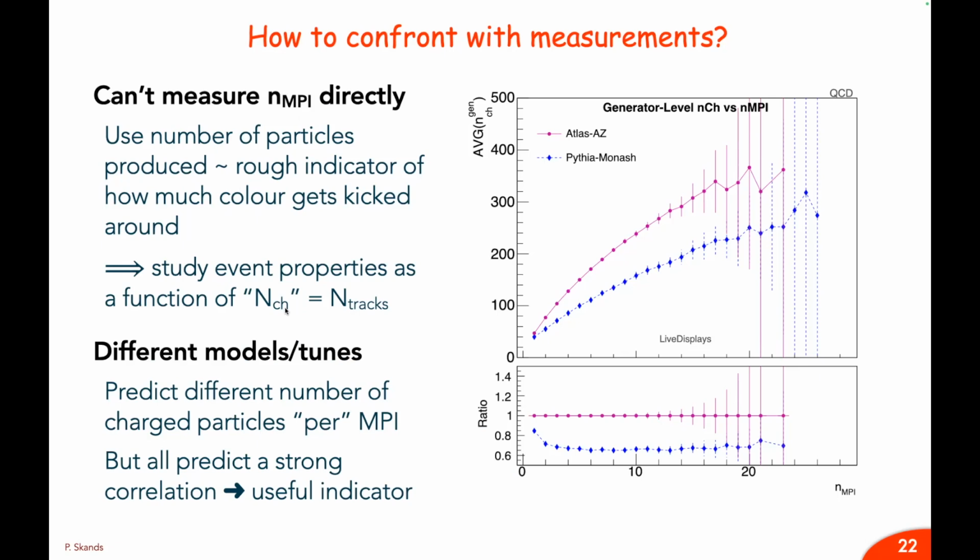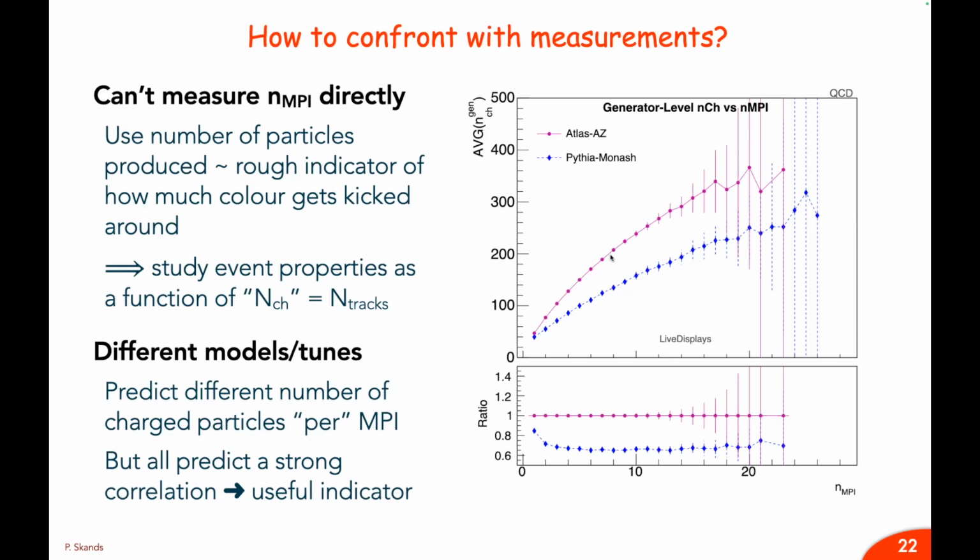You may have seen lots of different things being plotted as a function of the number of tracks. So this is an example of two different tunes, Monash and ATLAS A14, that they use for electroweak measurements in ATLAS. Here is the number of multi-parton interactions, and you can see that these two different tunes, these two different models, this is the average number of generator-level tracks over 4 pi that you produce in the events. They produce different numbers of charged tracks per multi-parton interaction.